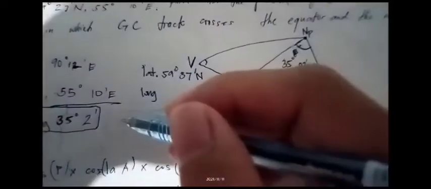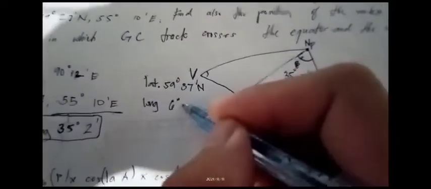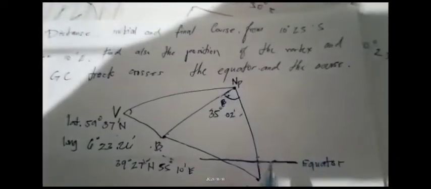As for our longitude of V, that's the longitude of V, we have 6 degrees 23.26 minutes. So that is our V. Then next we will find our N. Our N is from A to north, where the equator intersects.